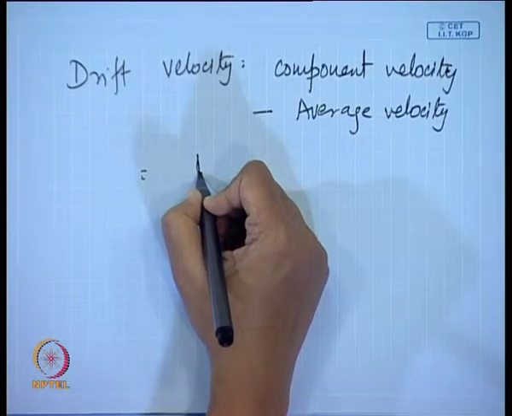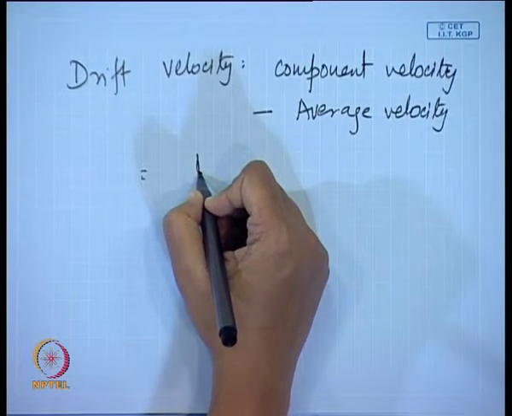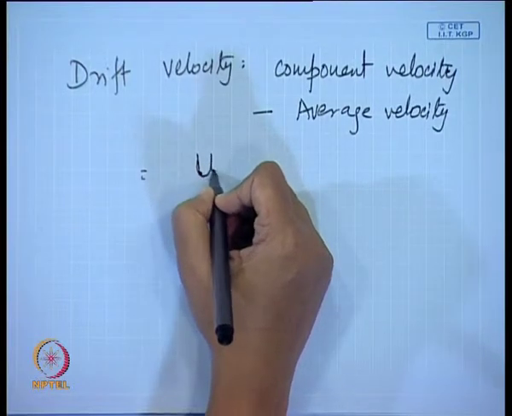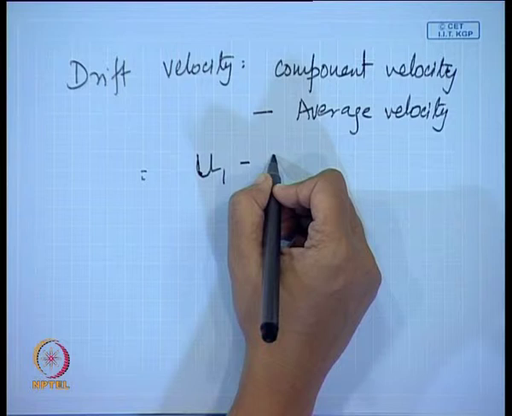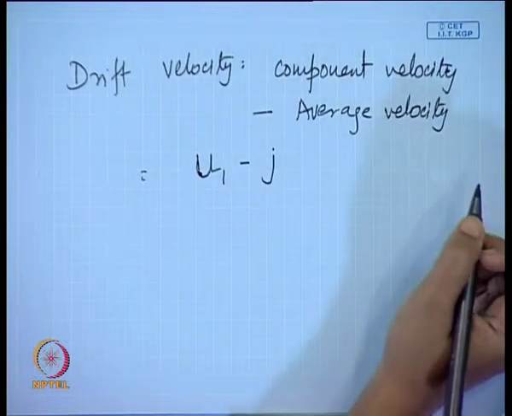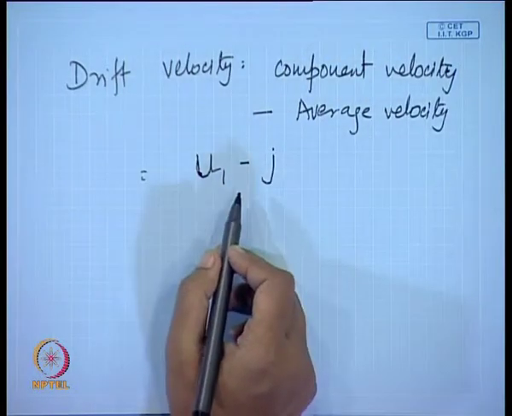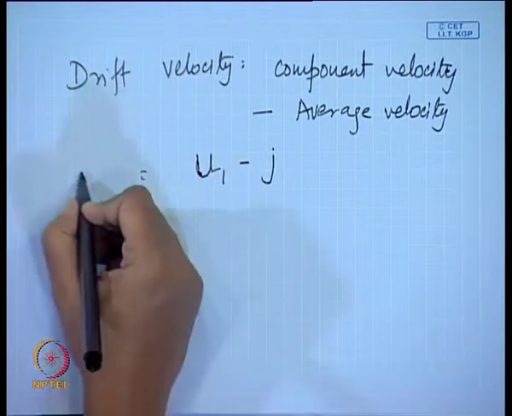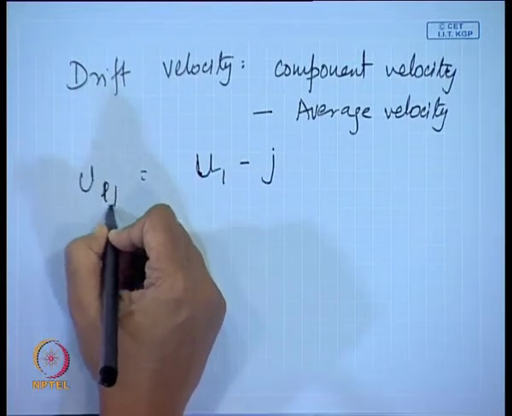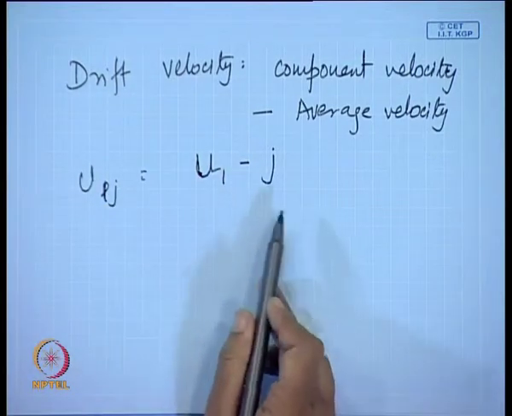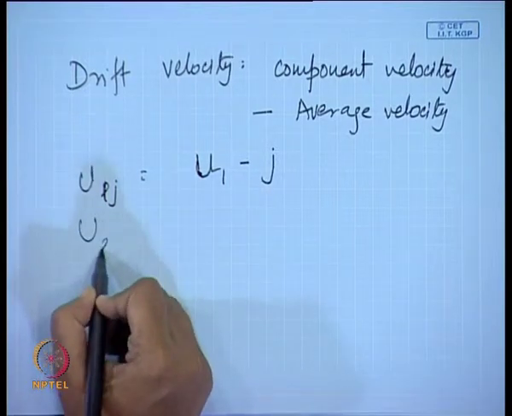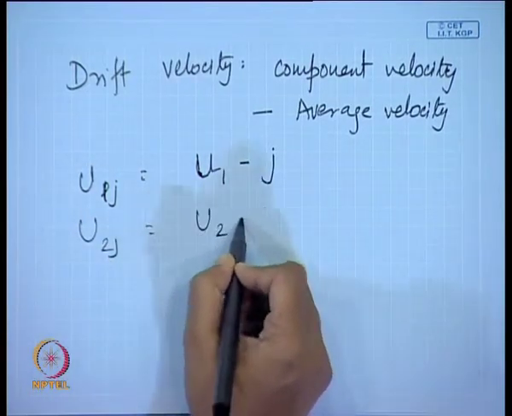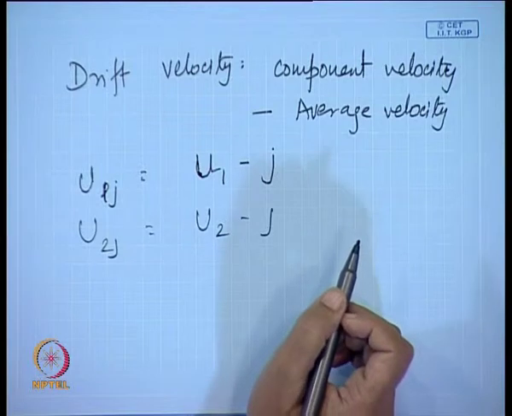What is the nomenclature that I have used for the component velocity? It is u1, and the average is nothing but j. So, the drift velocities can be defined as u1j equals u1 minus j, and u2j equals u2 minus j.